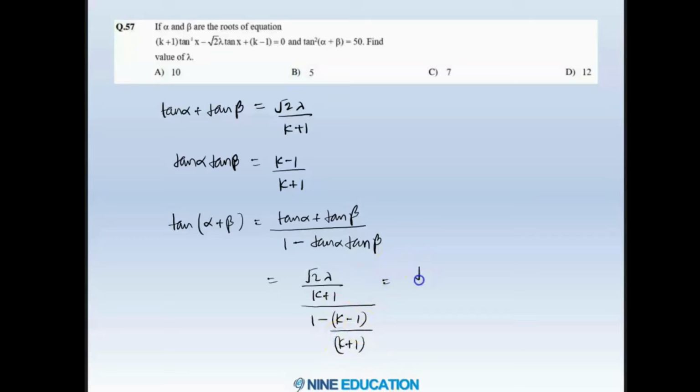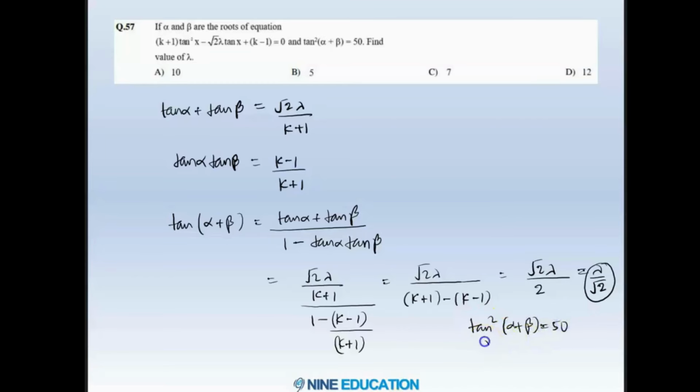After taking LCM, it will be root 2 lambda by (k plus 1 minus k minus 1). Remaining things will get cancelled out, k minus k cancels, and I will be left with 2 in the denominator. So effectively lambda by root 2 is what we are getting. But in the question they gave that tan square of (alpha plus beta) is 50. So it means lambda square by 2 is 50, and therefore lambda square is 100.